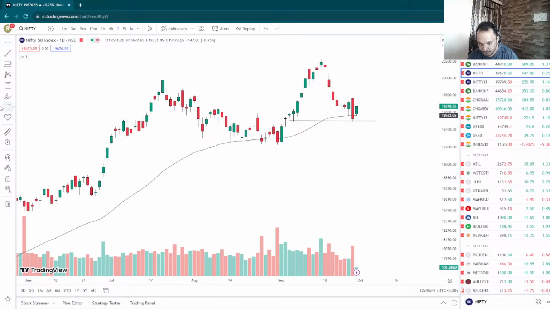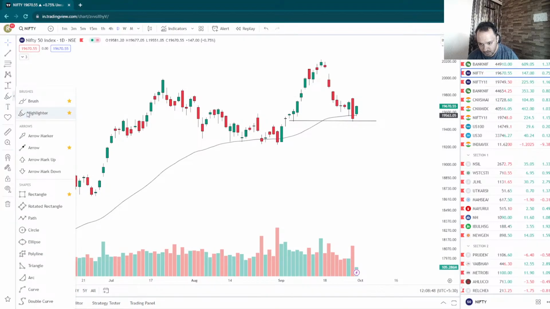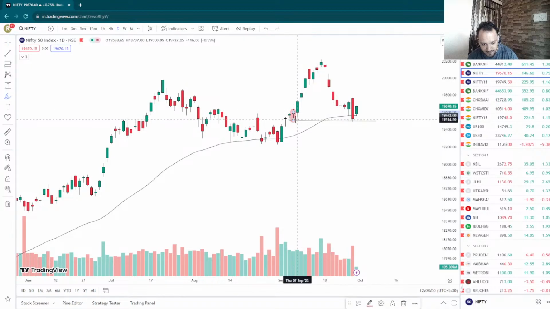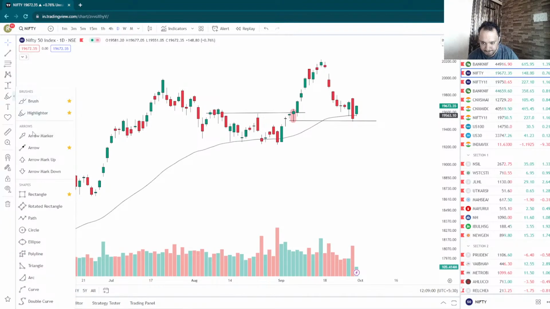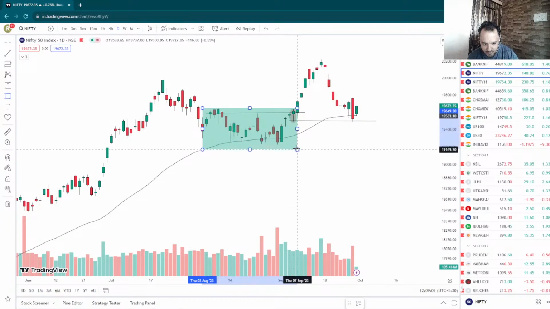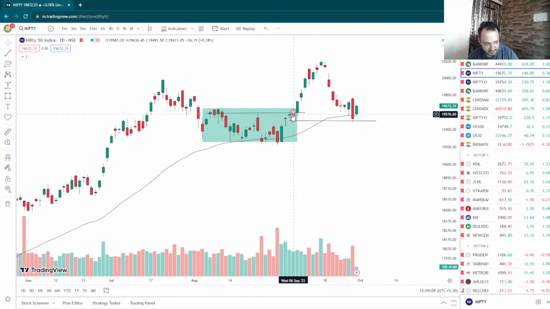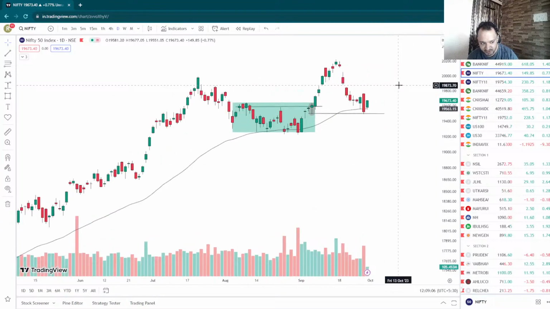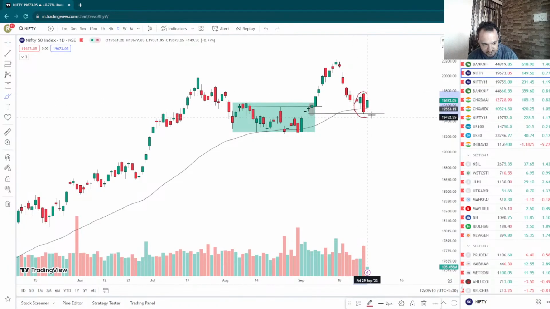So this is your demand zone, and this demand zone led to the break of this entire structure on the downside. So this entire structure right here was broken by this demand, and this is where Nifty is right now. All right, and this is the reason why Nifty is holding up this demand.